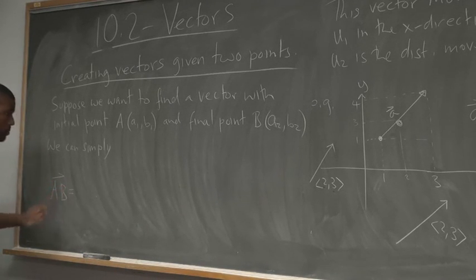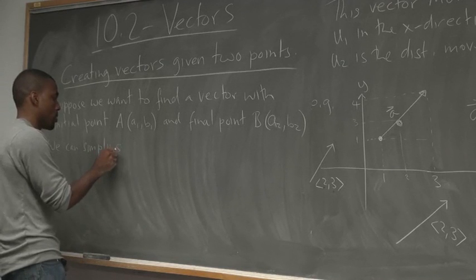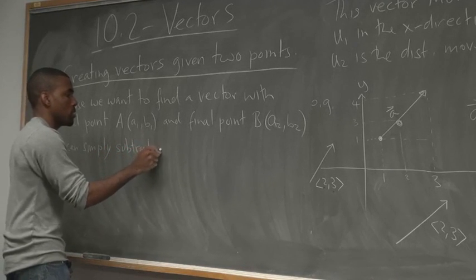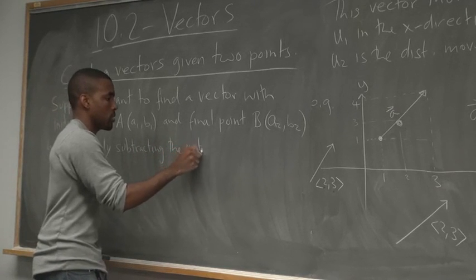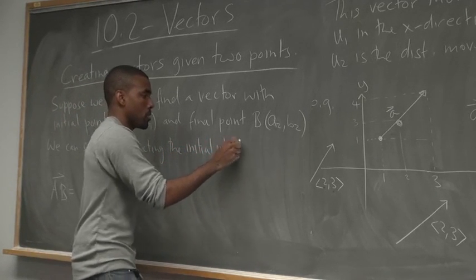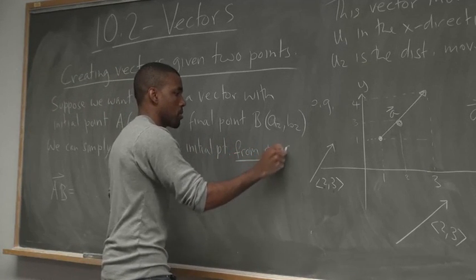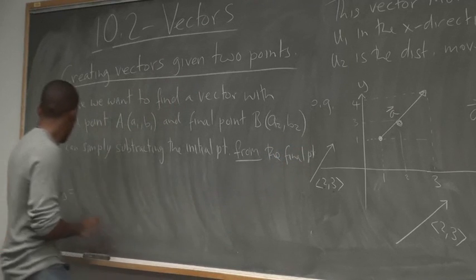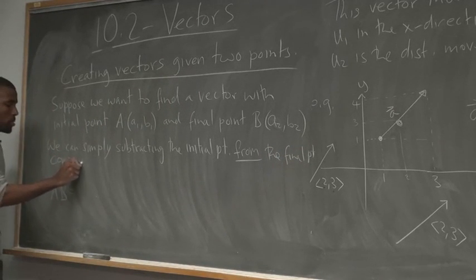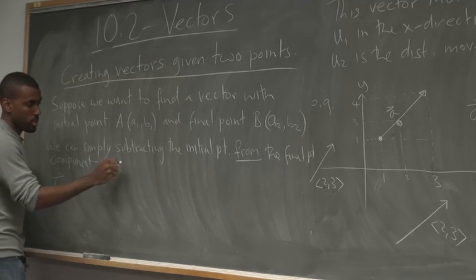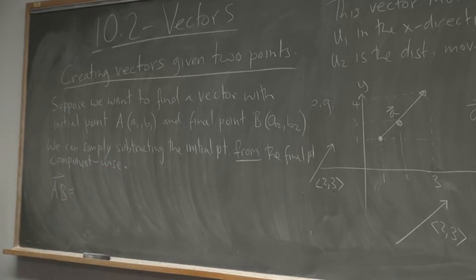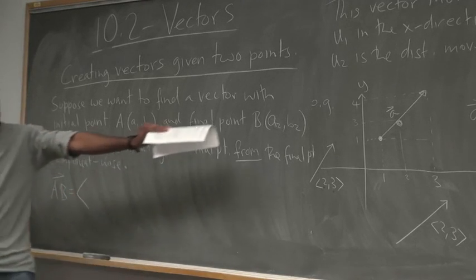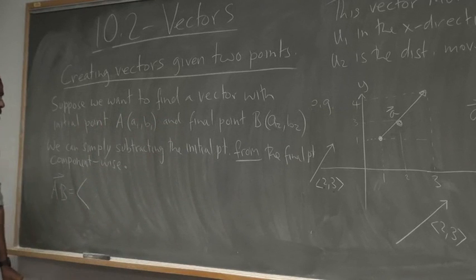Vector AB. Subtract component-wise, which means you keep things in each component and you always subtract the final minus the initial, which means if you know the final point is given here, you're going to subtract this from that, and you do it component-wise.